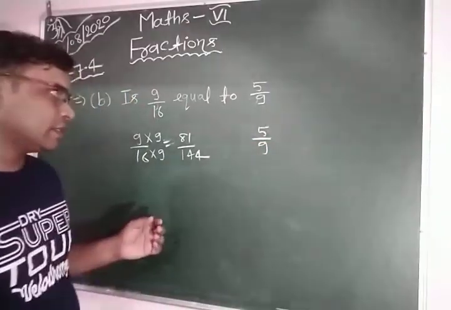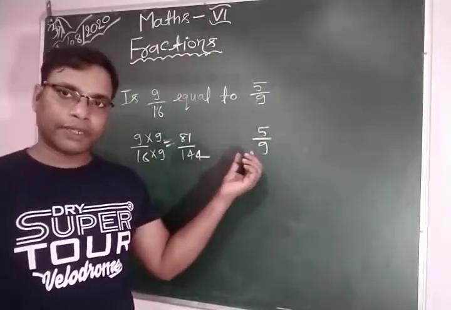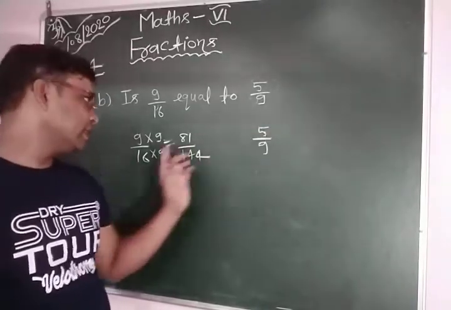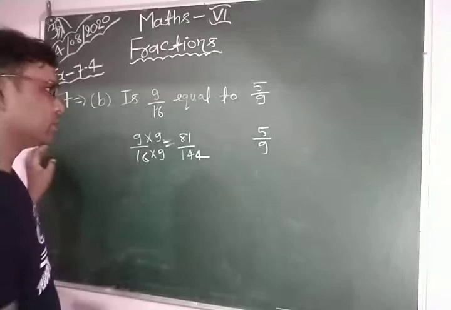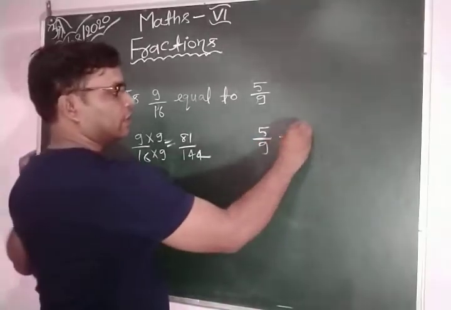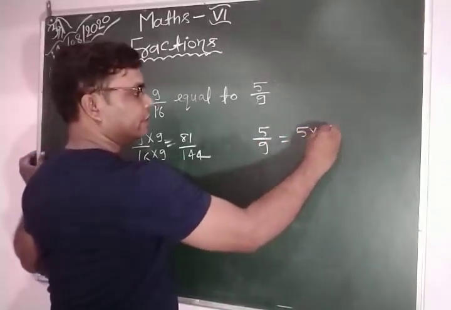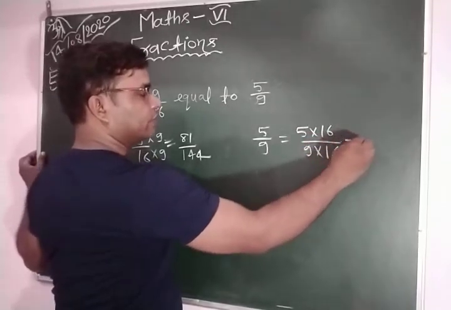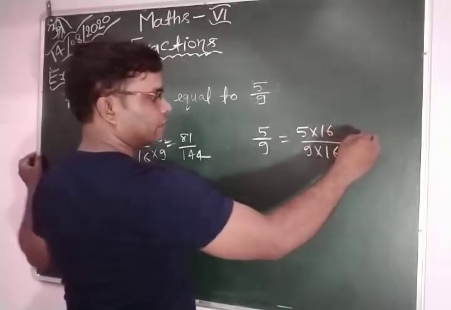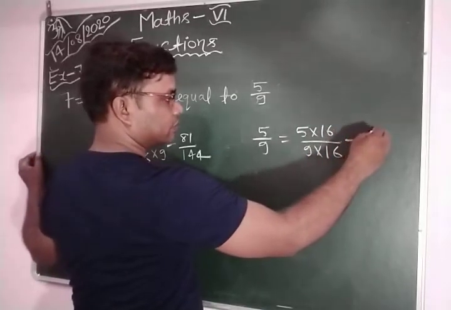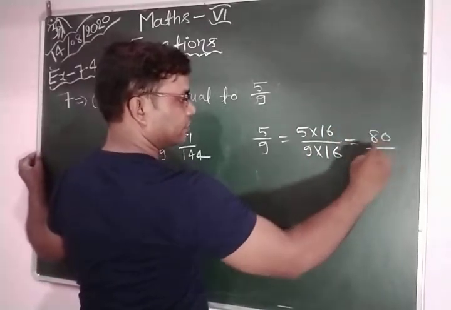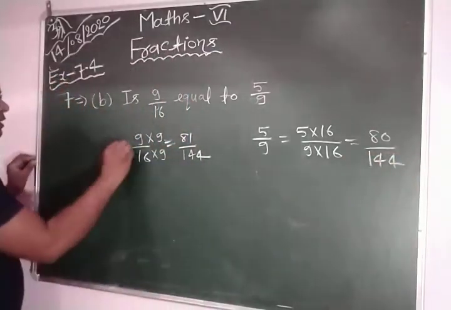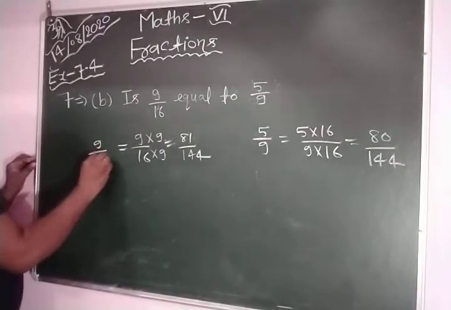To make it like fractions, we multiply the numerator and denominator of this fraction by 16. So this is equal to 5 into 16 divided by 9 into 16, which is equal to 80 by 144.